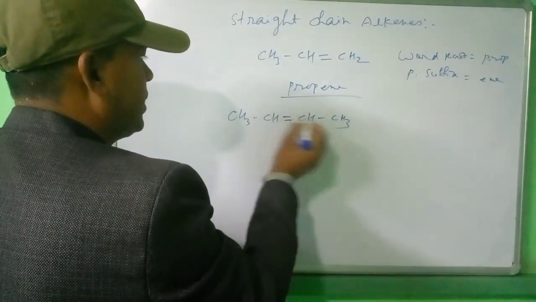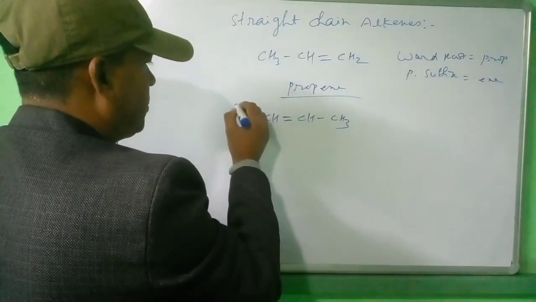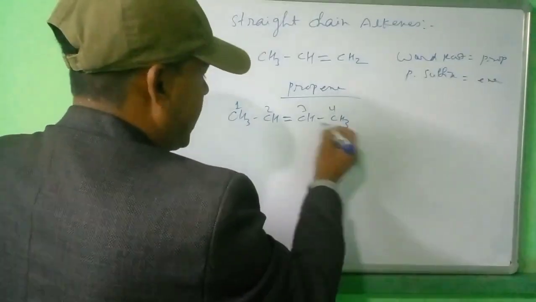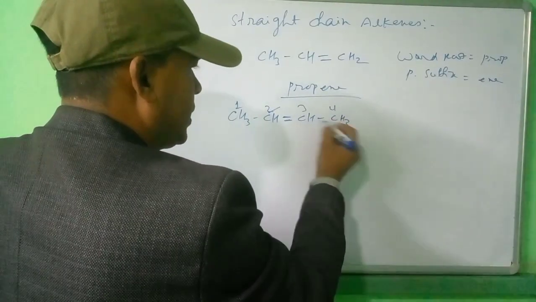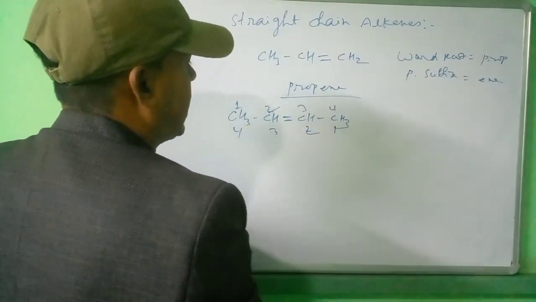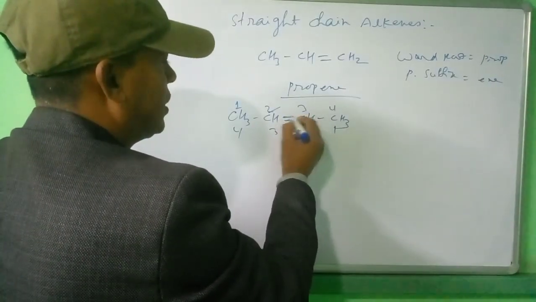So numbering the carbon atoms, with no branching, directly we give the number: 1, 2, 3, 4 left to right. Here the second carbon gets the double bond. Now right to left, 1, 2, 3, 4, again the second carbon. So in both ways the same number.